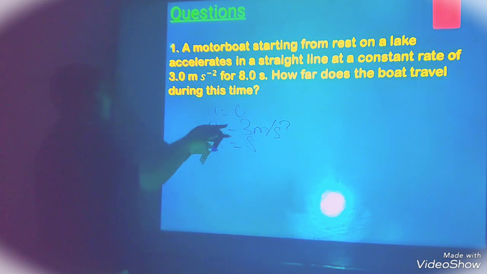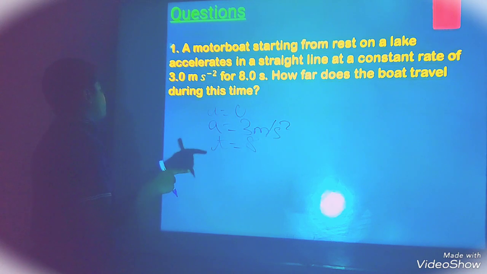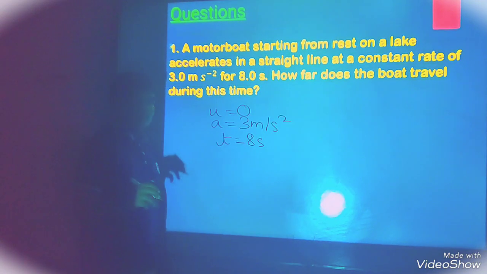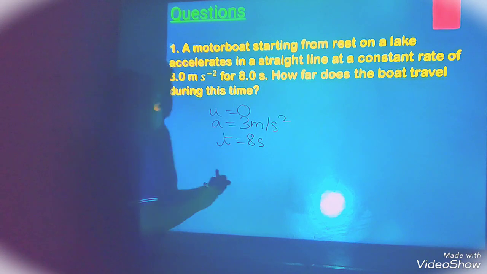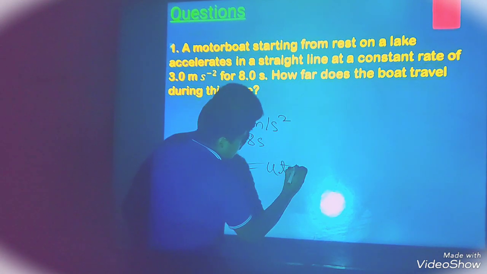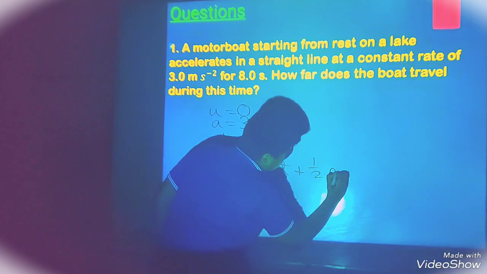With the given information, we can use the formula v = u + at and also s = ut + ½at². So we will use the formula s = ut + ½at².